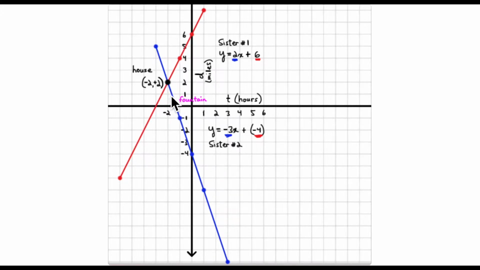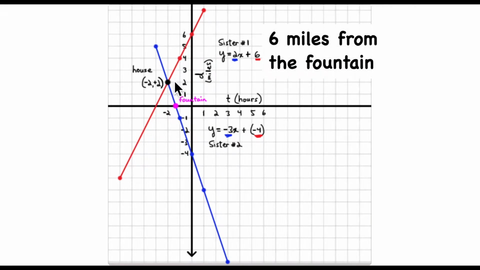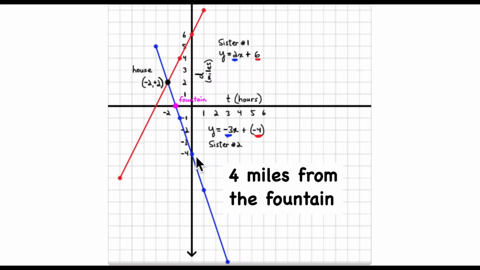So notice that this 2 hours times 2 miles an hour, that's 4 miles that she travels and ends up 6 miles from the fountain for sister number 1. So that 4 miles that she travels plus 6 miles from the house, that's a total of 10 miles. And sister number 2 is traveling for 2 hours, rides for 6 miles, but ends up only 4 miles from the fountain.